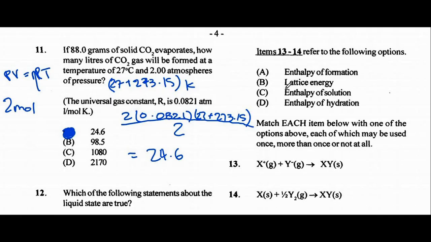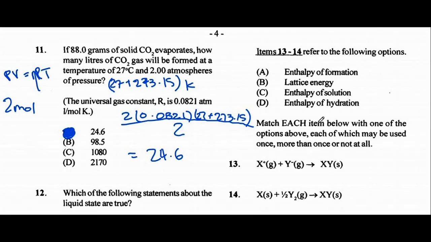A, enthalpy of formation. B, lattice energy. C, enthalpy of solution. D, enthalpy of hydration. Now it says, match each item below with one of the options above, each of which may be used once, more than once, or not at all.